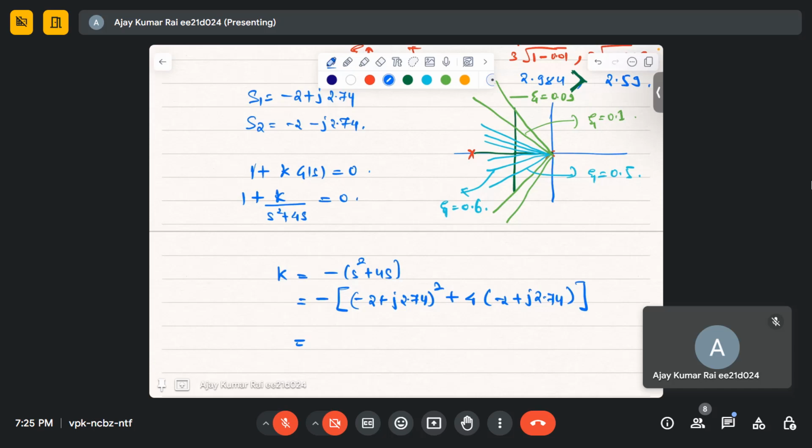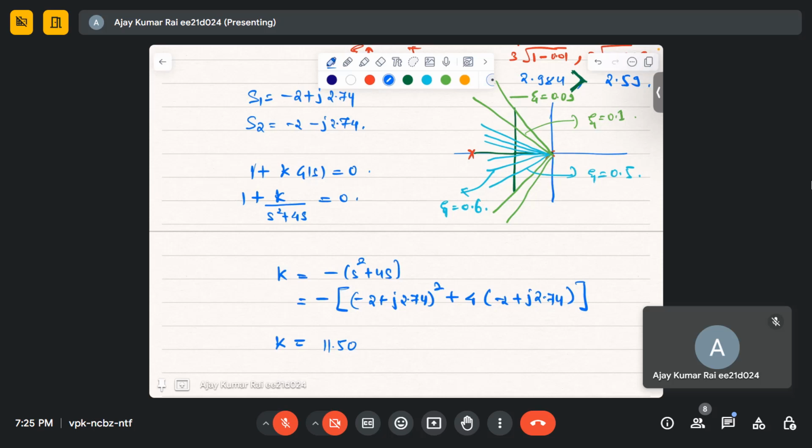Sir, I'm getting minus of S into S plus 4, and the value 11.50.